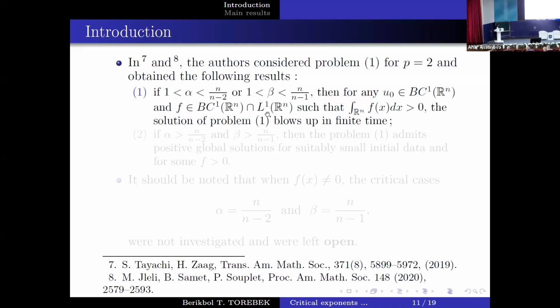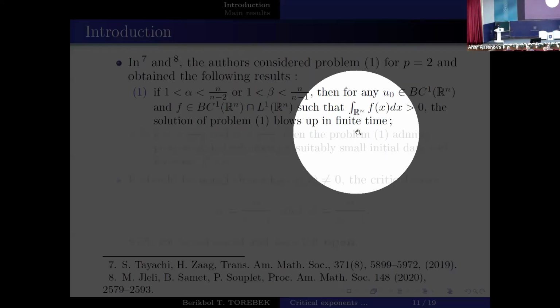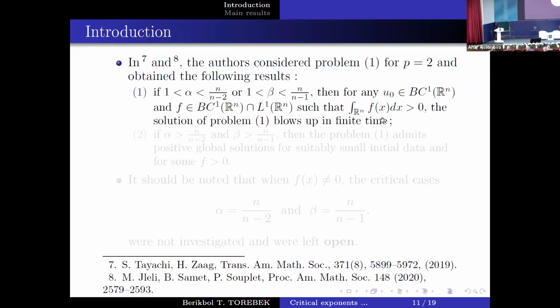Then for any initial value from this space and a forcing term from this space, and if the forcing term satisfies this kind of property, then for the solution of problem 1, in this particular case p equals 2, there is no global in time positive solution. It means that there is a blow-up solution, blow-up in infinite time. From here, we can conclude that the critical exponent is discontinuous.